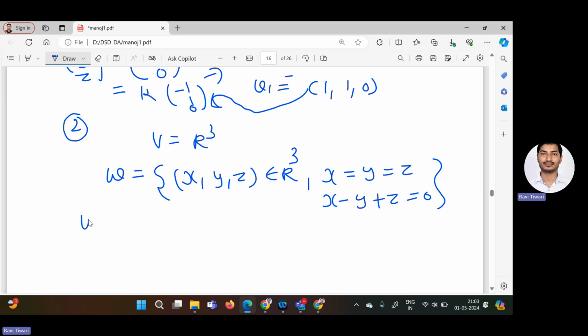Then what will be W complement? So if you have these two conditions, how will you calculate W complement?